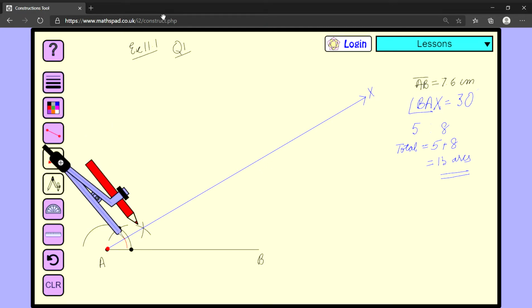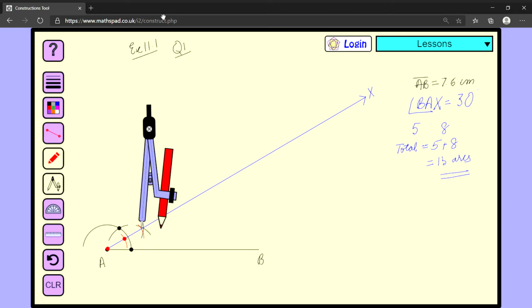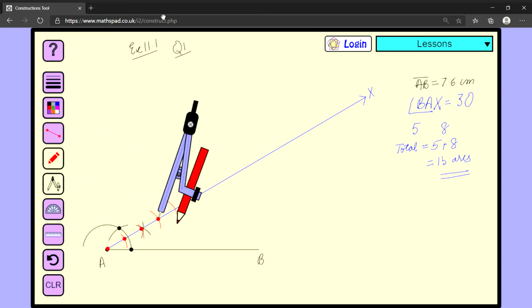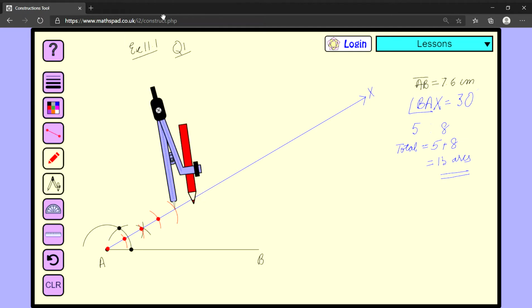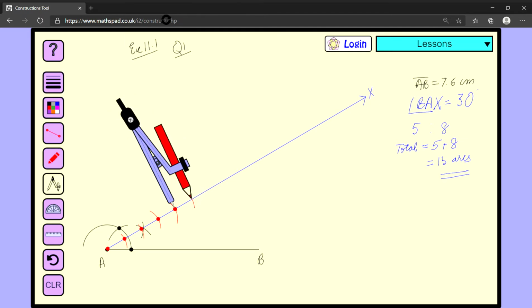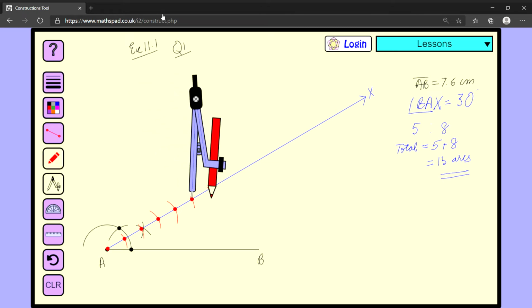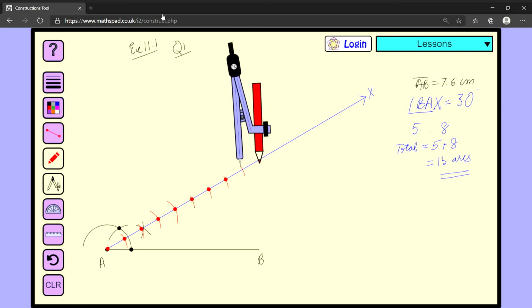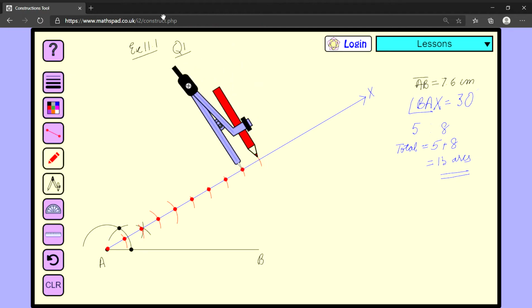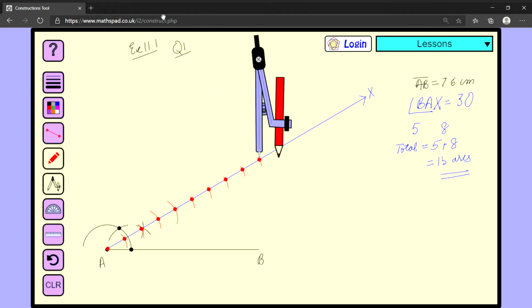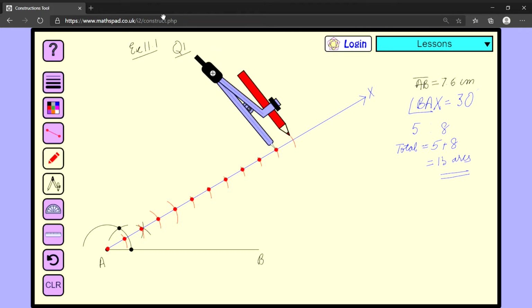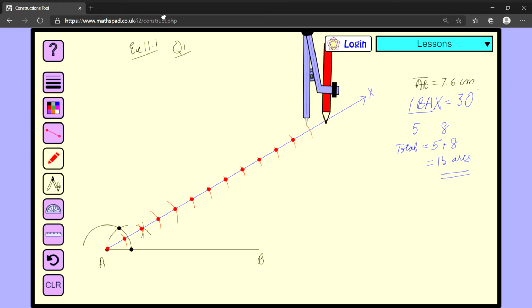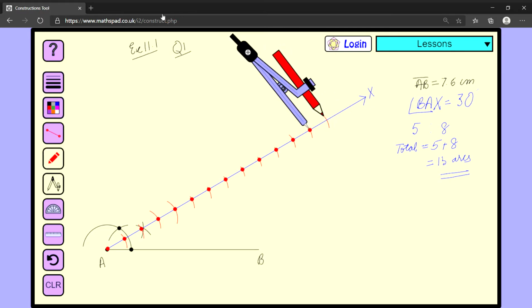This is 1, this is 2, be careful with the point, this is 3, this is 4, 5, 6, 7, 8, 9, 10, 11, 12, and 13.